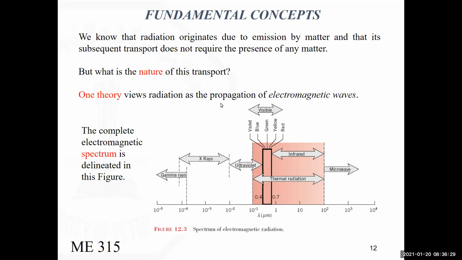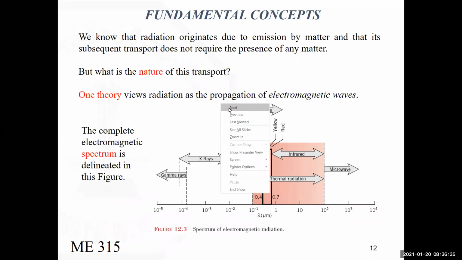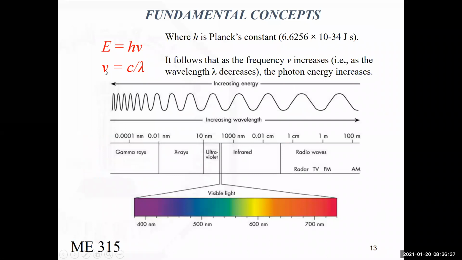The relation is basically governed by the speed of light, as we have seen in one of the slides, which shows the relation between the frequency and the wavelength. C is the speed of light, which is almost 3 times 10 to the power of 8 meters per second.